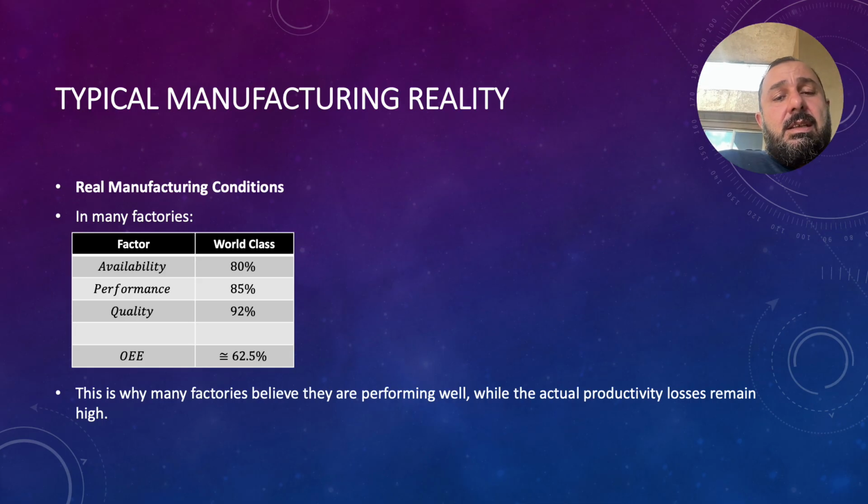That's just an example that you might also get in a normal manufacturing environment, and that's why factories believe they are performing well, while actually productivity losses remain high. So we have to always be conscious about what is happening in our manufacturing process.